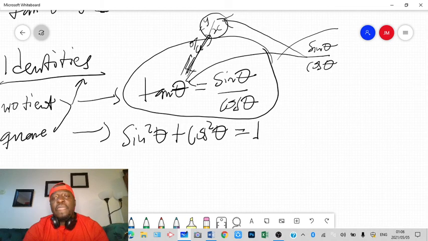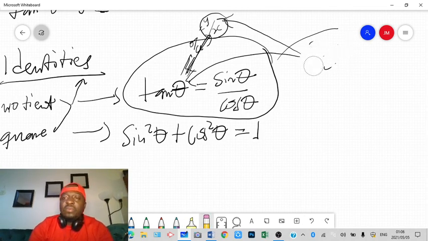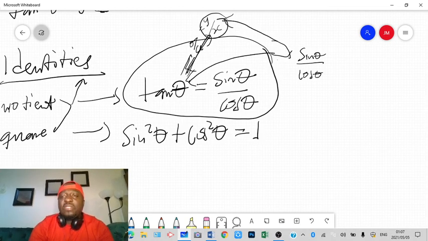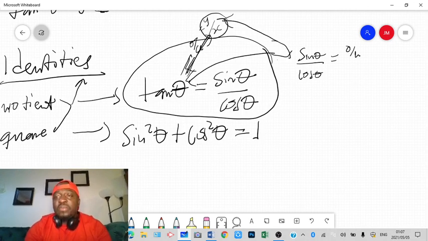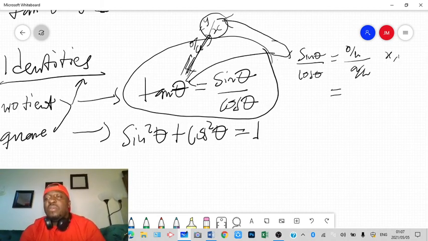That is the formation. So let's see, what did we get on sine theta? We say sine theta is opposite over hypotenuse. Let me write it properly here. We said sine theta over cos theta. We proved that sine theta is your opposite over your hypotenuse, and your cos theta is your adjacent over hypotenuse. Let's use the letters x, y, and r.